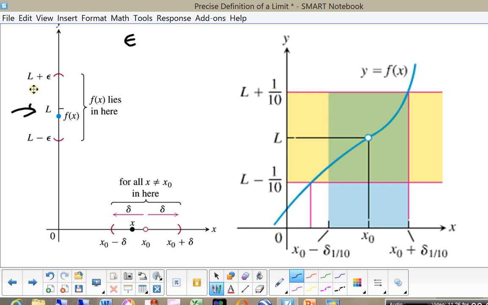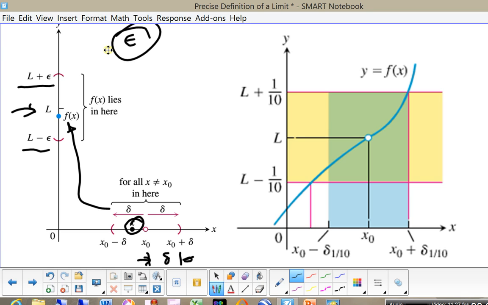What you do is plot L plus epsilon and L minus epsilon, and then you need to find a value of x such that if x is within delta, notice that this distance is delta, of x naught, then the corresponding value of f of x will be well within epsilon of the limit. So let's look at an example.